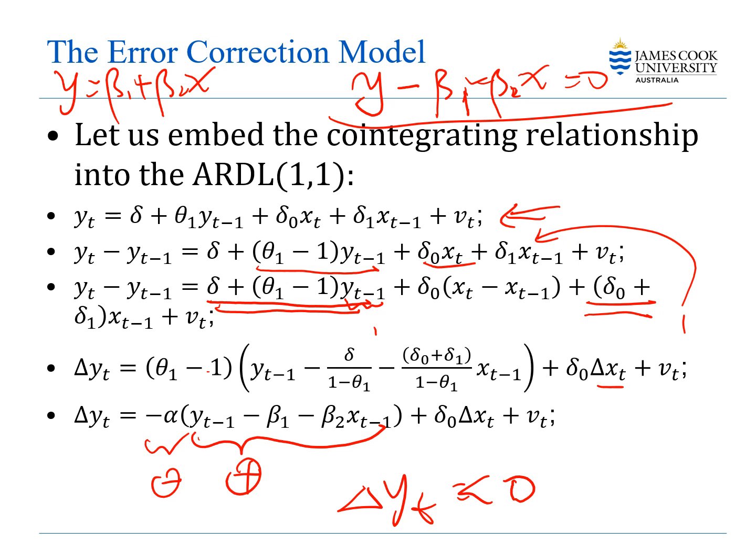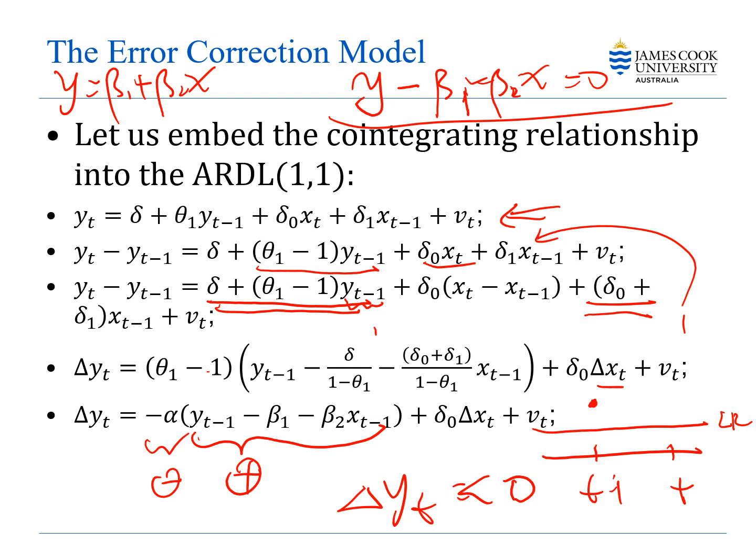So yt should be smaller than yt minus 1. And remember, suppose this is our long-run level, and we know that yt minus 1 is at this level, which is above the long-run relationship.